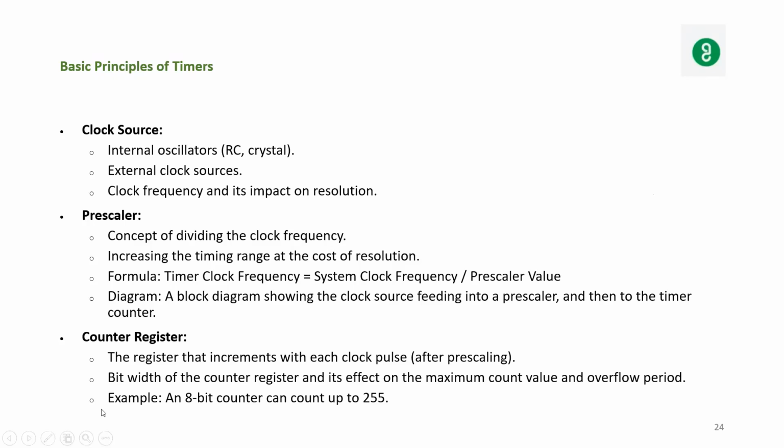The counter register is the register that increments with each clock pulse after prescaling. The bit width of the counter register affects the maximum count value and also the overflow period. A simple example is an 8-bit counter.